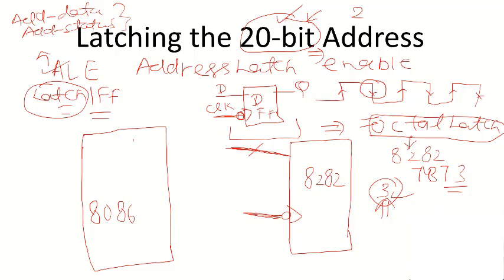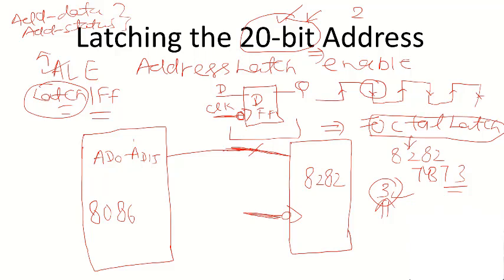So this line is connected from AD0 to AD15. The 16-bit address will be carried by this. Initially, in the T1 state, the 16-bit address will be carried by this multiplexed address data bus.